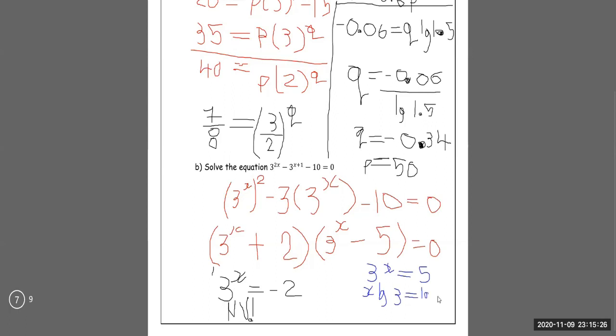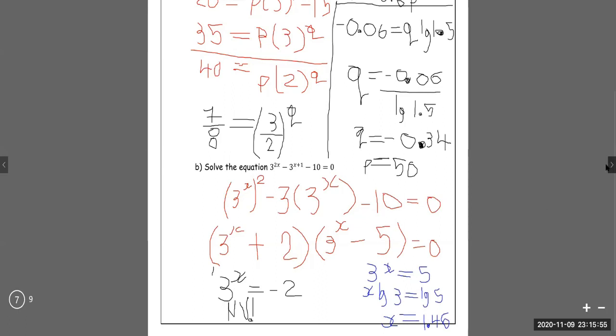Well, x is equal to log 5 over log 3. And when you put that in a calculator, what do you get? 1.46. Beautiful. You are absolutely right. Magnificent. Wonderful.